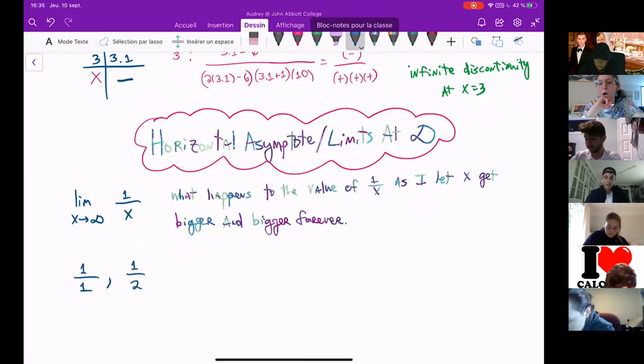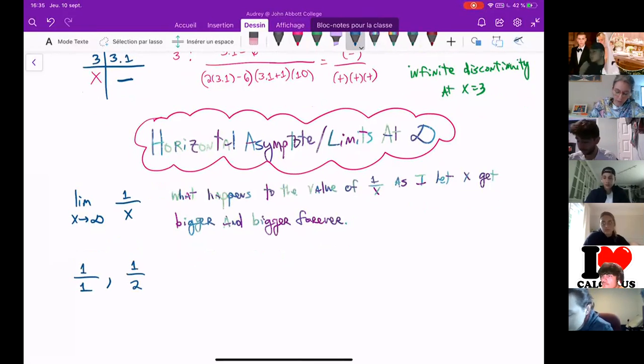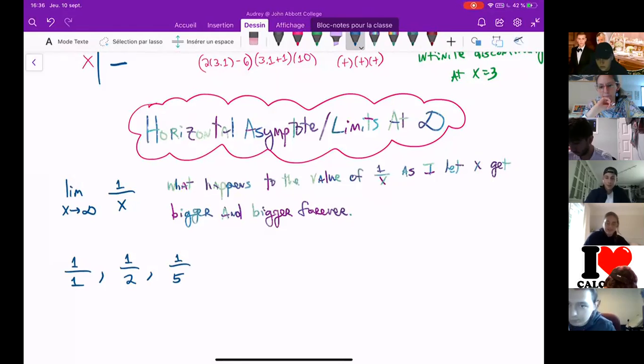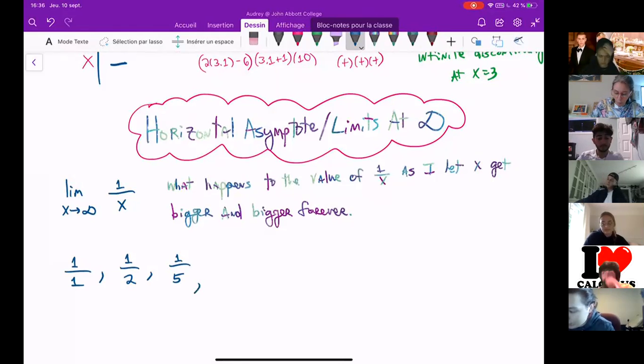So which is smaller, 1 or 1/2? 1/2. What's a value bigger than 2? 3, 4. Why don't we go with 5? 1 over 5. Which is smaller, 1/2 or 1/5? 1/5, yeah.